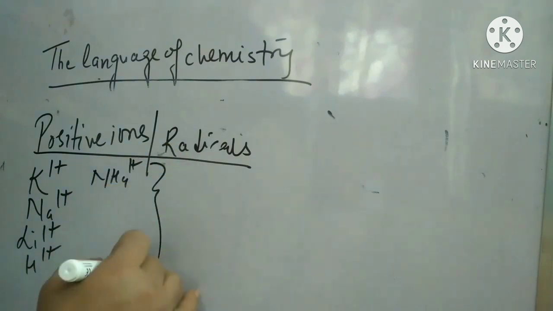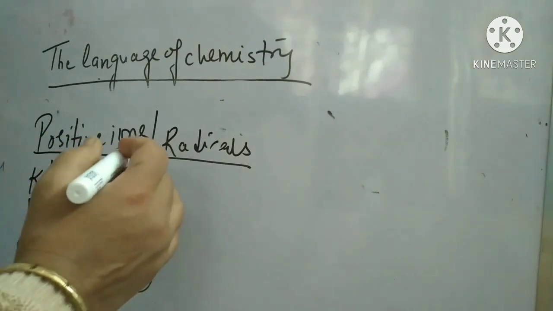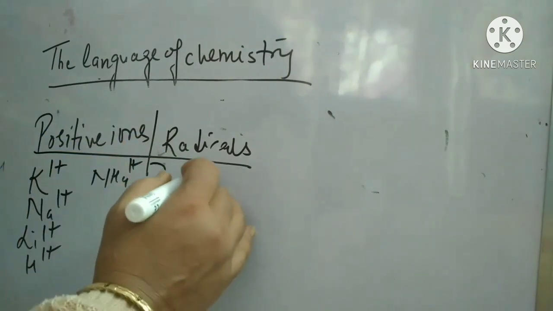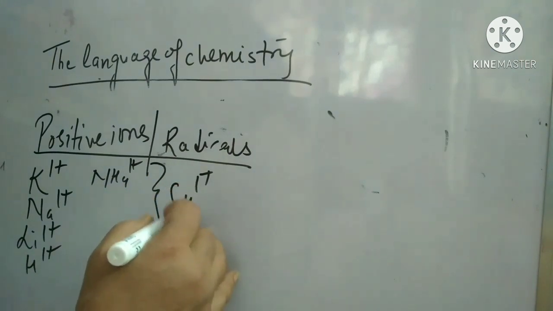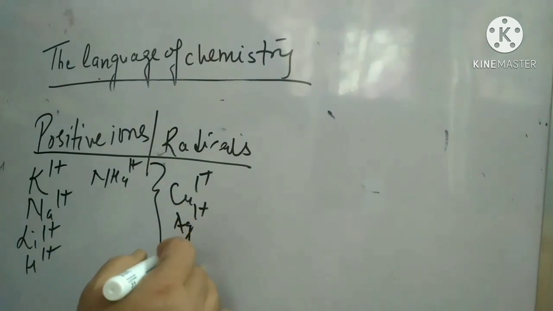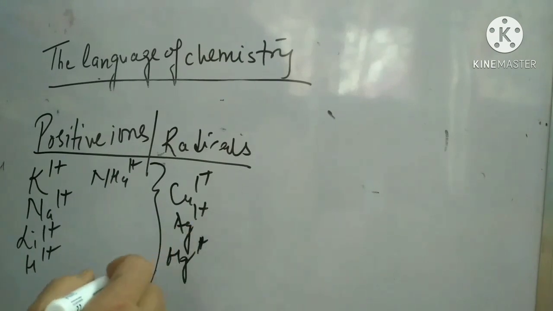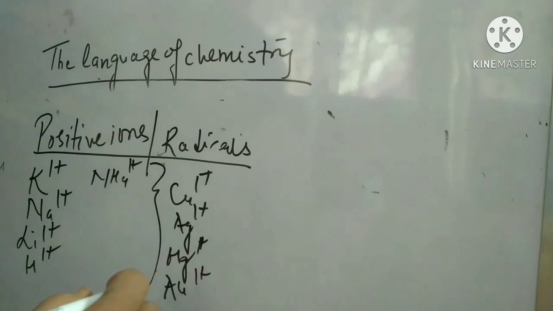These are all monovalent elements. If I speak about the variable valencies, cuprous, that is Cu1 plus, argenteous, that is Ag1 plus, mercurous, that is Hg1 plus, and aurous, that is gold, Au1 plus. Now all these are again monovalent elements.